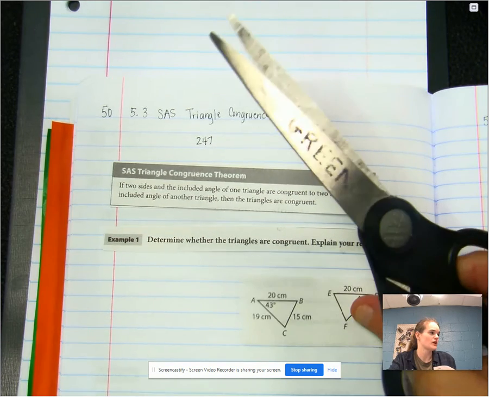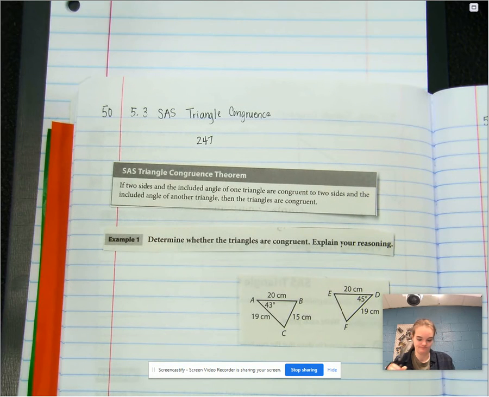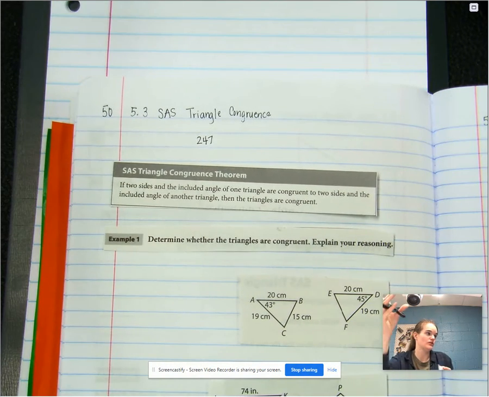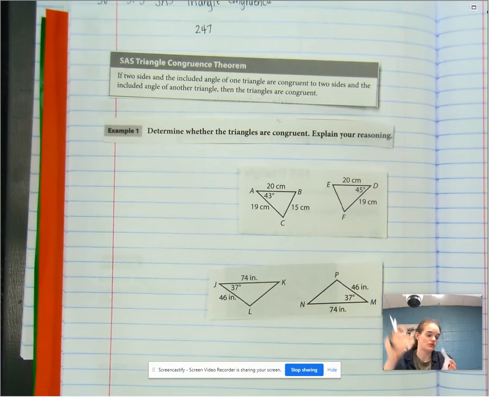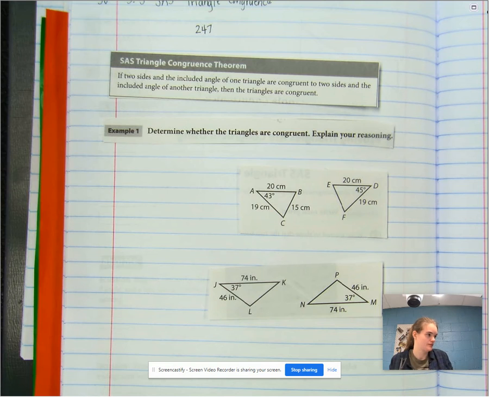Then you need this set of triangles. And then this set of triangles. Now, the stuff on the other side, on 248, we're going to put on the next page, so don't get rid of this paper. Put it to the side. We will need it in a minute.